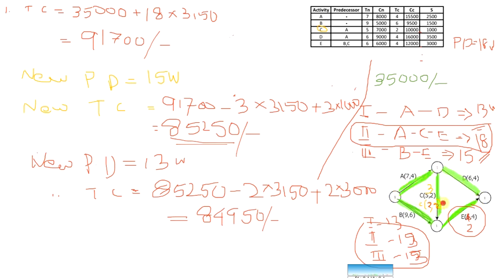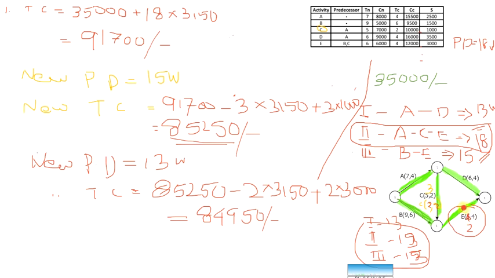So we will select A, which can be crashed, and we will select B also for the third path. We will select A because C we cannot crash.